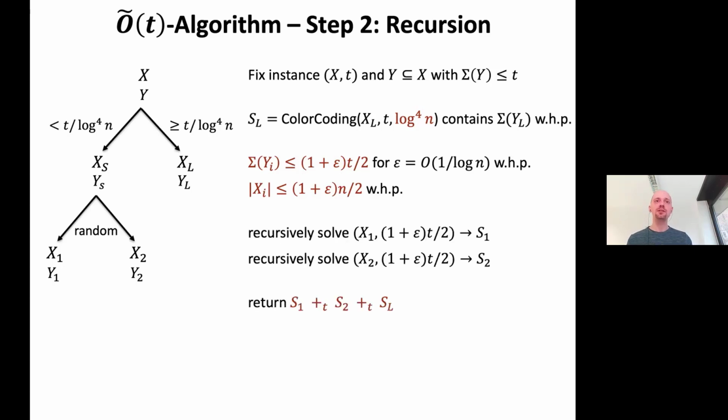We recursively solve both random subsets, x1 and x2, but now with a smaller target number. The target number can drop to essentially T half. Recursively we get two sets of subset sums, S1 and S2, and we simply return the sumset S1 plus S2 plus SL, which came from the large items.